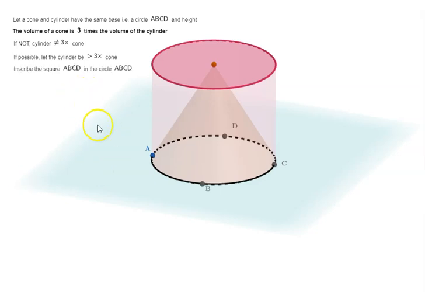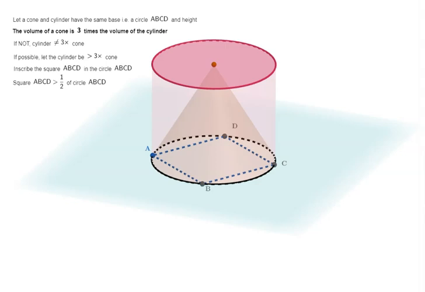Now, inscribe the square ABCD in the circle ABCD. Of course, I've chosen these points ABCD in such a way that on these points itself, we can build a square. That means the square ABCD is greater than half of the circle ABCD. Can we say that?